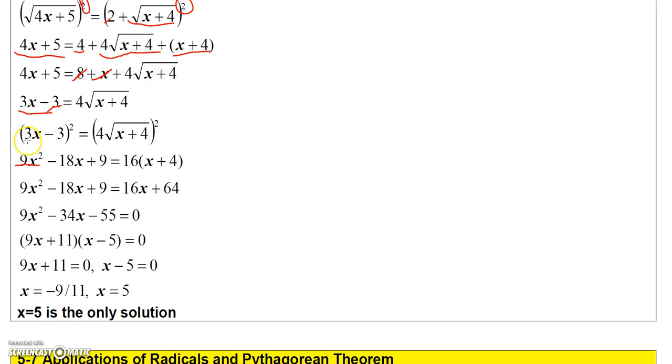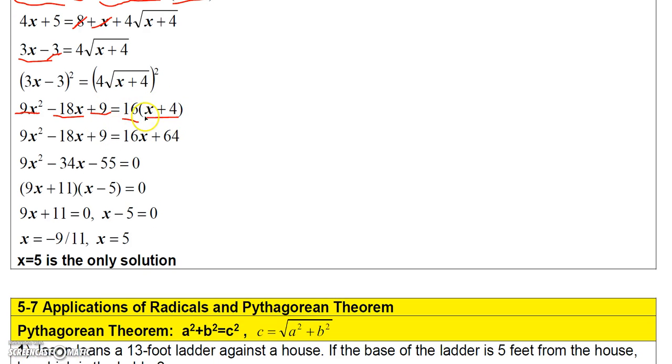Then I double the product of these two factors, so that would be minus 9x doubled, which is minus 18x. Then plus this squared, so that's going to give me 9. And then when I square the 4, I get 16, and when I square the radical, I get x plus 4. In the next step, distribute the 16 through, so I get 16x plus 64.